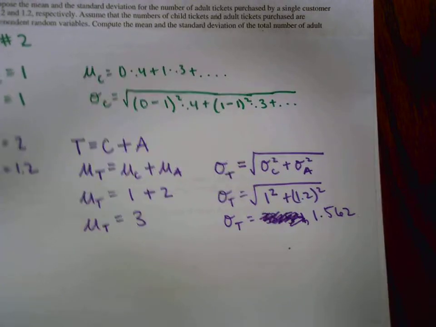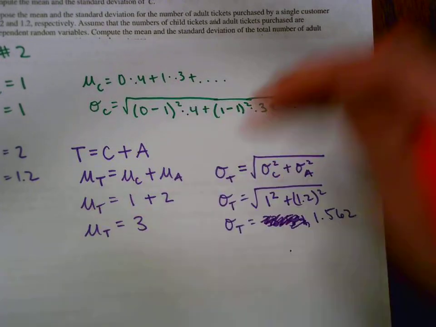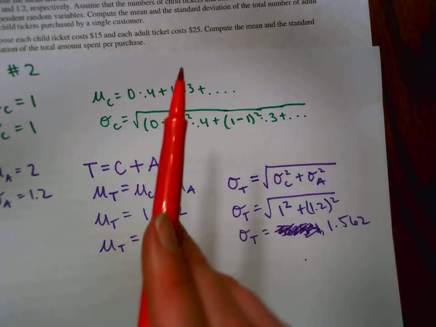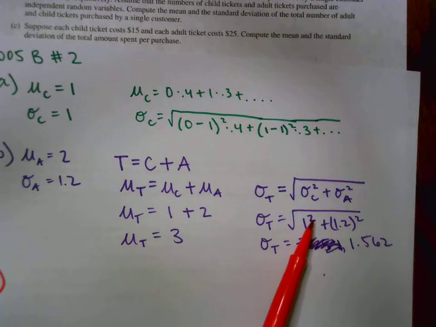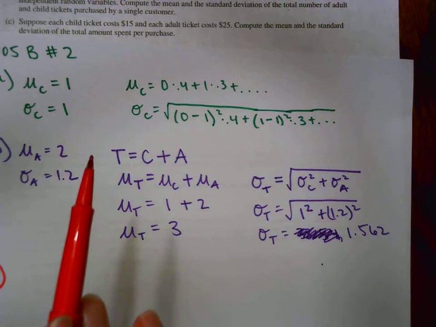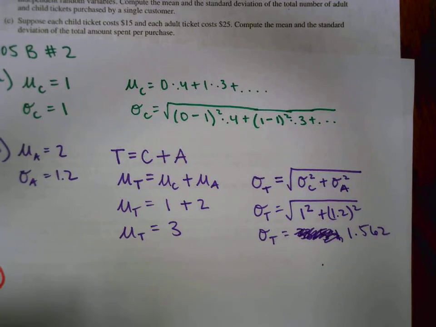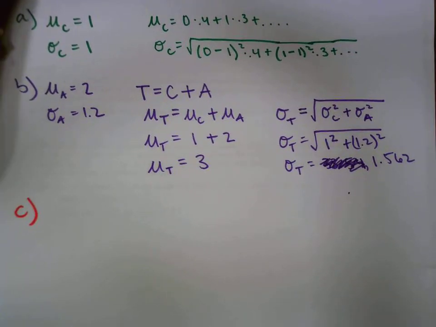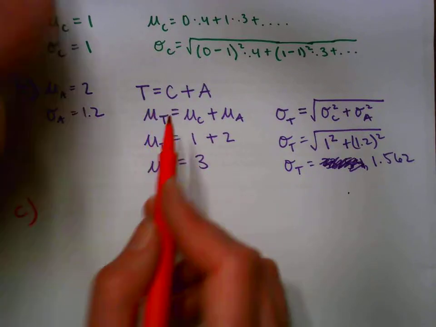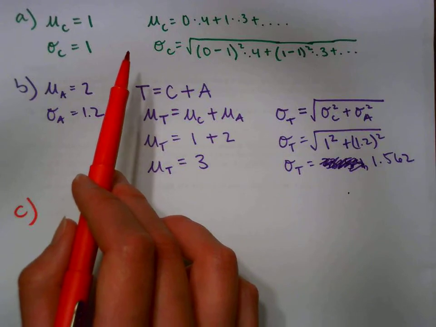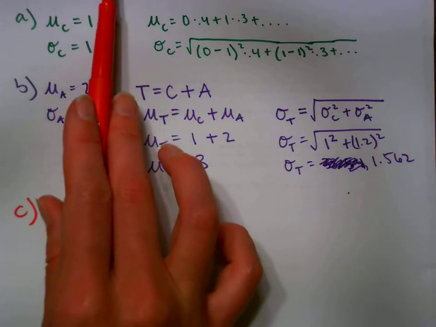So then C says, suppose each child ticket costs $15 and each adult ticket costs $25. Compute the mean and standard deviation for the total amount spent per purchase. So now what you're doing is you're multiplying your data by a constant. So I'm going to create a new variable. We already used total, and I already used A, so I can't do it for amount.